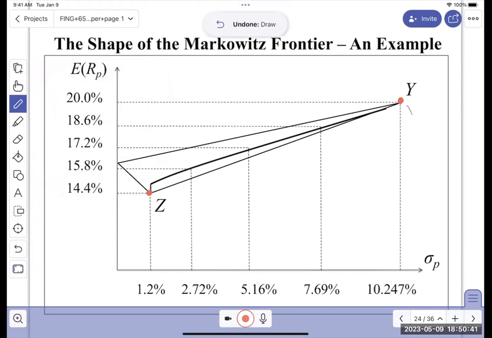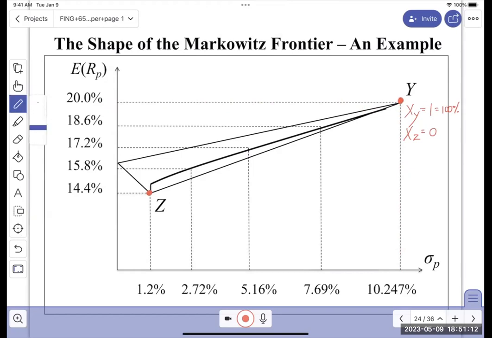So if I have the weight for Y at 1 or 100%, then the weight for Z is at 0. So it's all Y. Then the portfolio will all be invested in Y, so the mean and standard deviation of Y are the portfolio's mean and standard deviation.